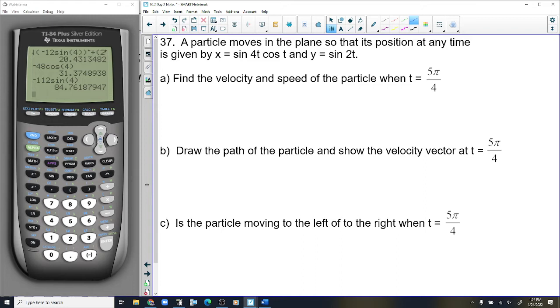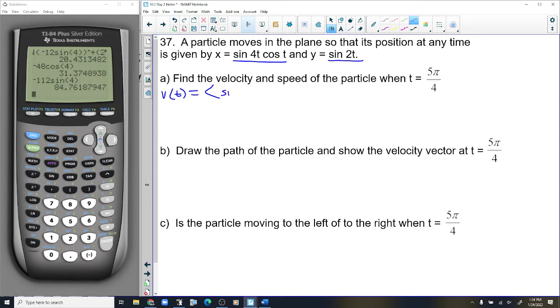A particle moves in the plane so that its position at any time is given by sine of 4t cosine t and sine of 2t. Find the velocity and speed of the particle when t is 5 pi over 4. Find the velocity. Well, that means the velocity vector. This is position.